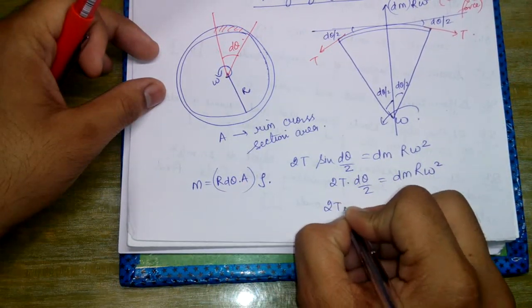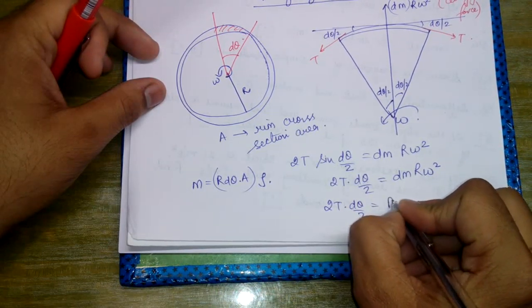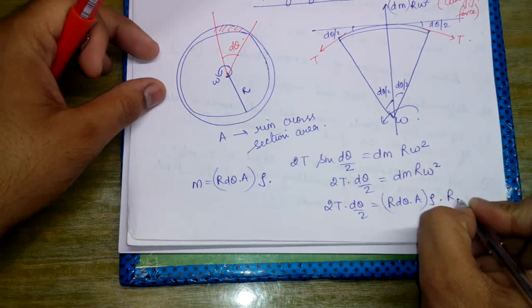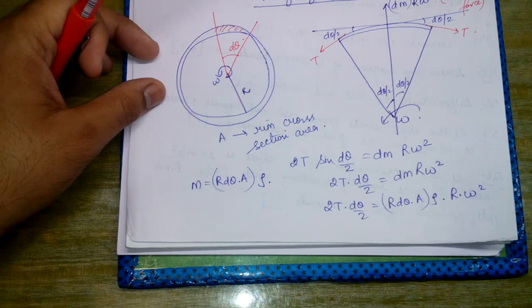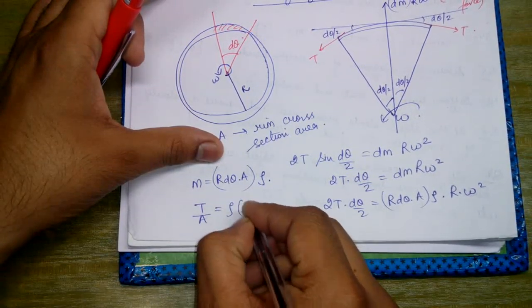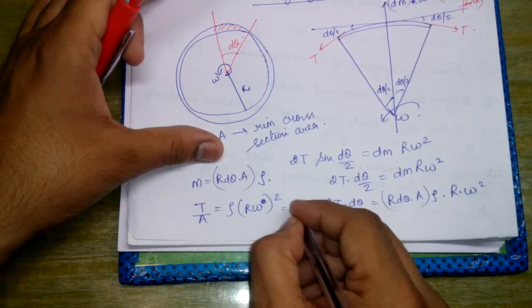So we write 2T into d theta by 2, and instead of dm we write r d theta A into rho, r omega square. So T upon A is rho r omega whole square, or rho v square.